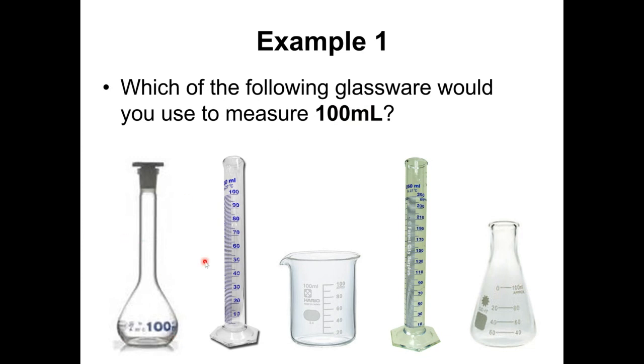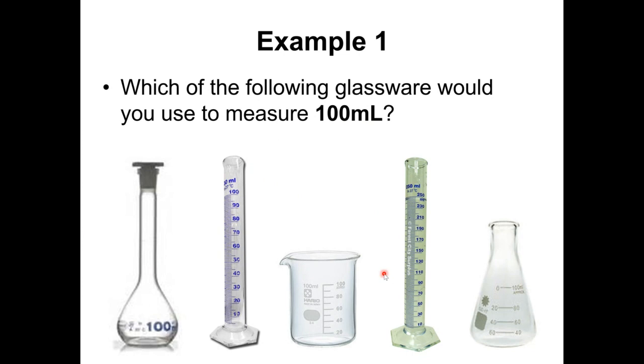If this was not available, then your second best choice in terms of accuracy would be the graduated cylinder. And consider the total volume, you have 100 milliliters. This will be your best option compared to the 250 milliliters graduated cylinder. If you are really unlucky, you don't even have that, oh my gosh, you've got to use a beaker, but that's the worst case scenario.